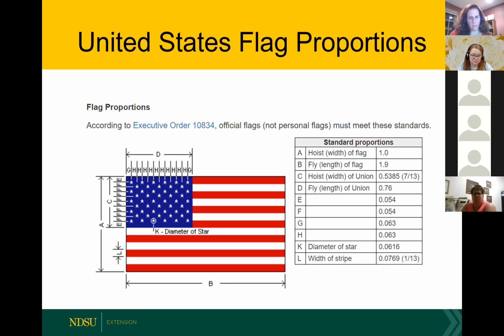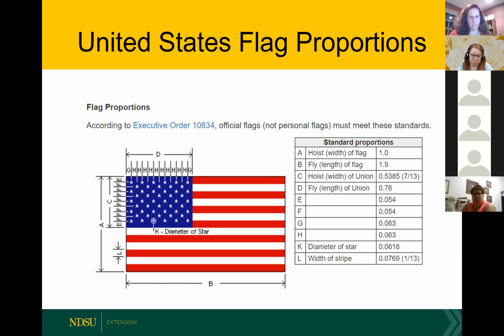So this flag that I made today, I did my best to make it a 1 to 1.9 ratio. It looks long, longer than most of ours. It took a little while, I had to go back to some math skills that I wasn't sure I had anymore to figure out what that perception should be. But that's really the official size of the official flag of the United States. So most flags that you purchase will not be the official size.